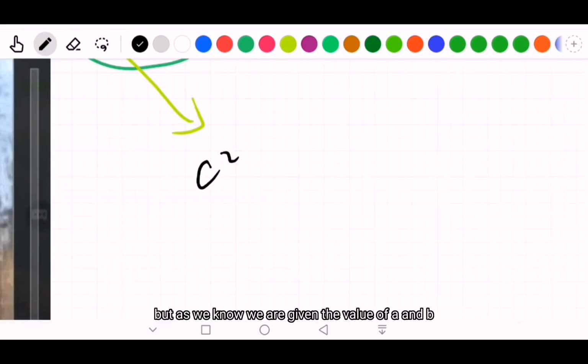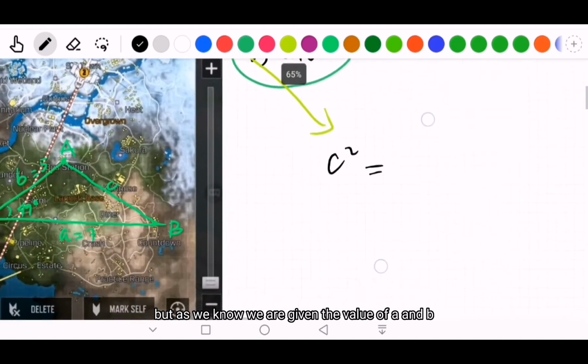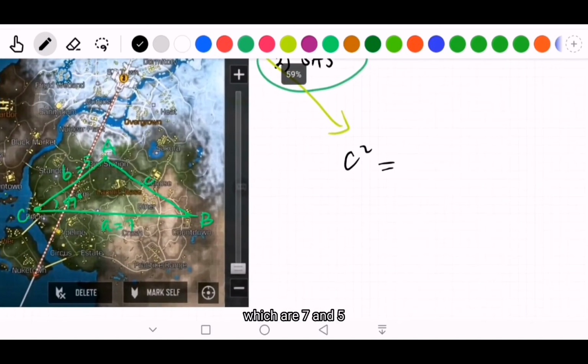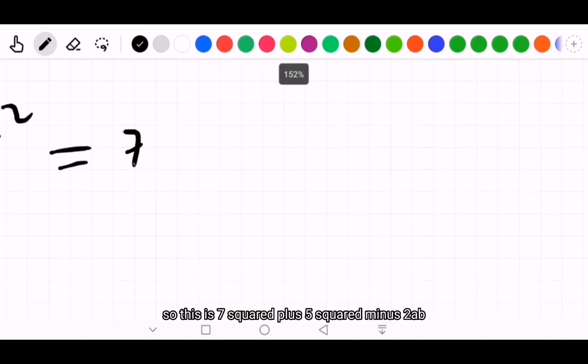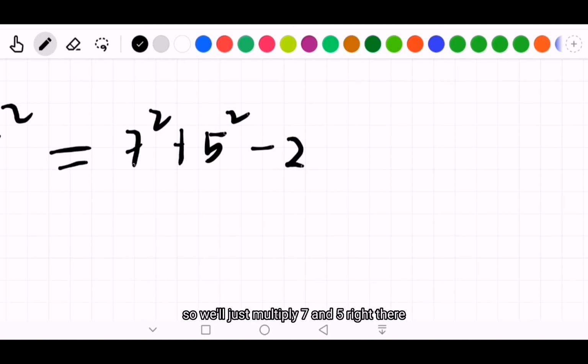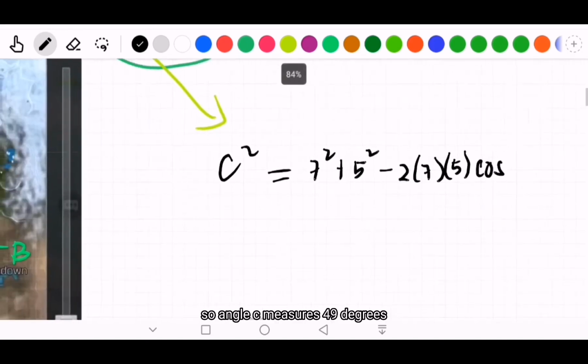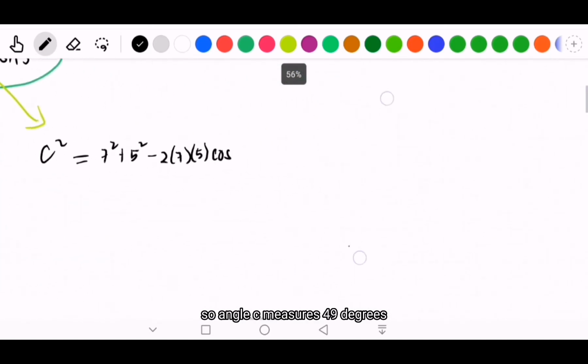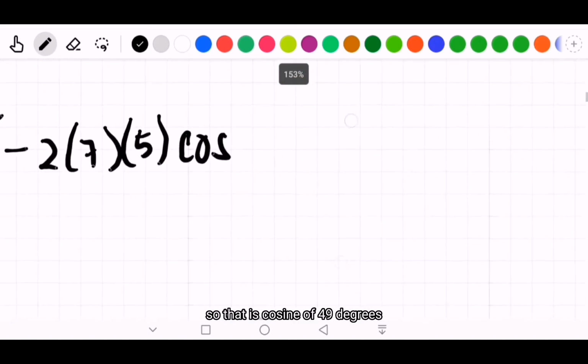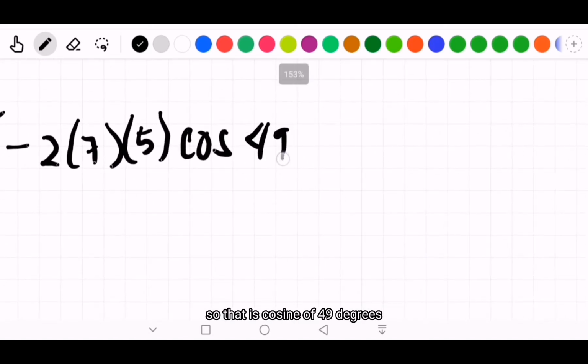But as we know, we are given the value of A and B, which are 7 and 5. So this is 7 squared plus 5 squared minus 2AB. We'll just multiply 7 and 5 right there. And then we have the cosine of the given angle, angle C, which measures 49 degrees. So that is cosine of 49 degrees.